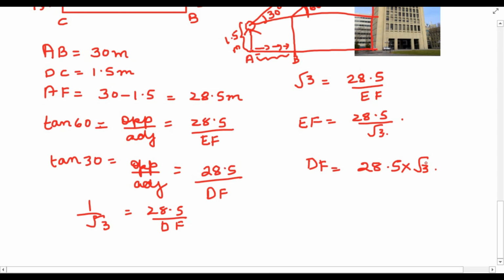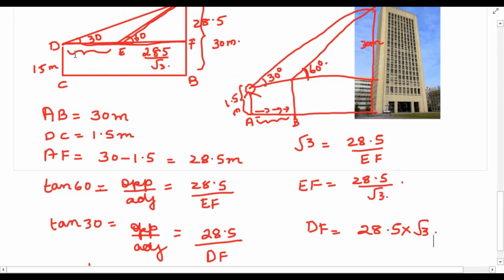Now we need to find out the distance DE. So DE means the distance he walked towards the building. So we can say that DE is nothing but the full distance DF minus EF. That is why we are finding out first EF, then DF. So the full distance DF minus EF will give you how much distance the boy has walked towards the building.